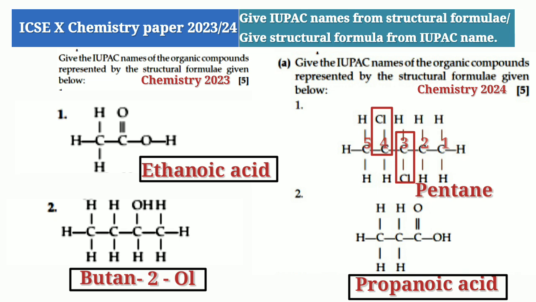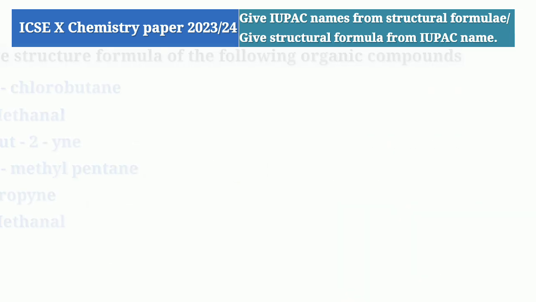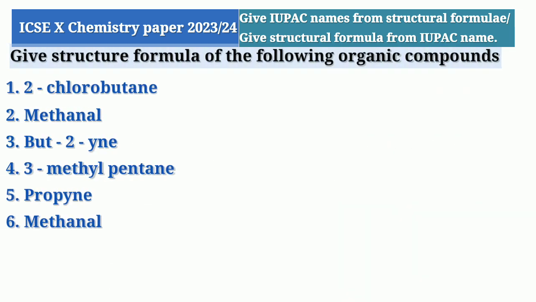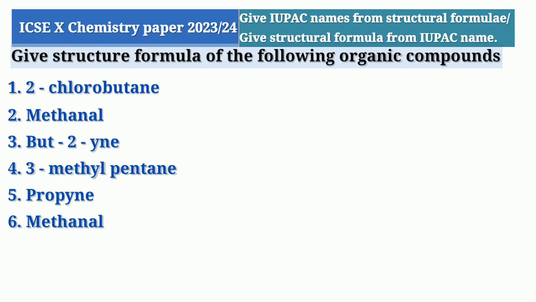And if we start numbering from left to right, numbers will be 2 and 3, which is a least number. So we will select numbering from left to right. 2 chlorine atoms are present on position 2 and 3. So IUPAC name of this compound is 2,3-dichloropentane.